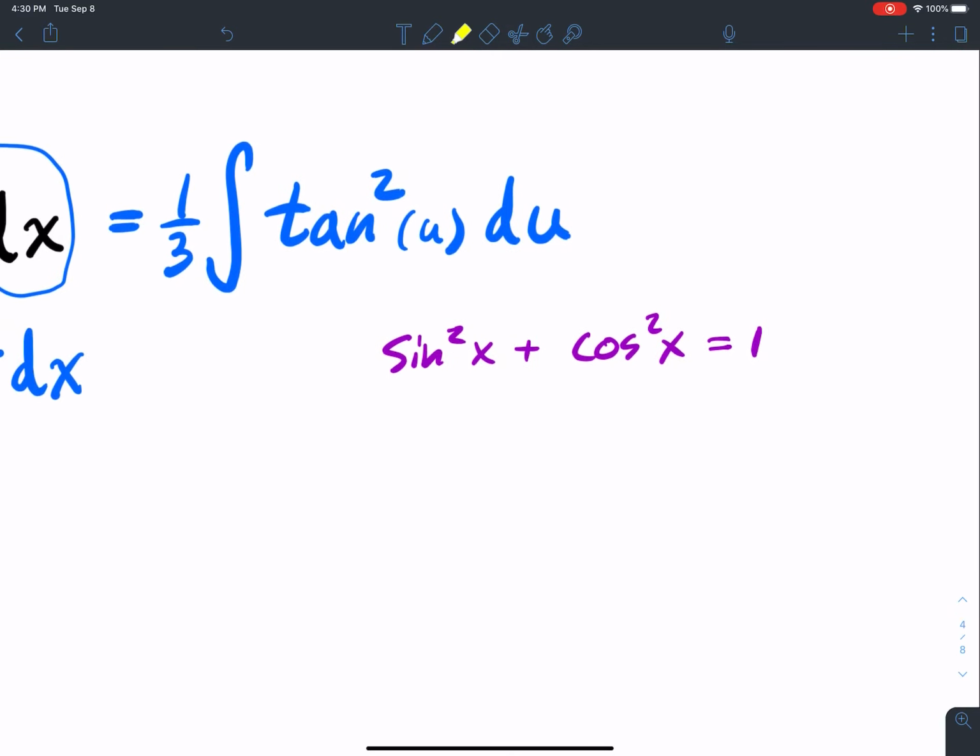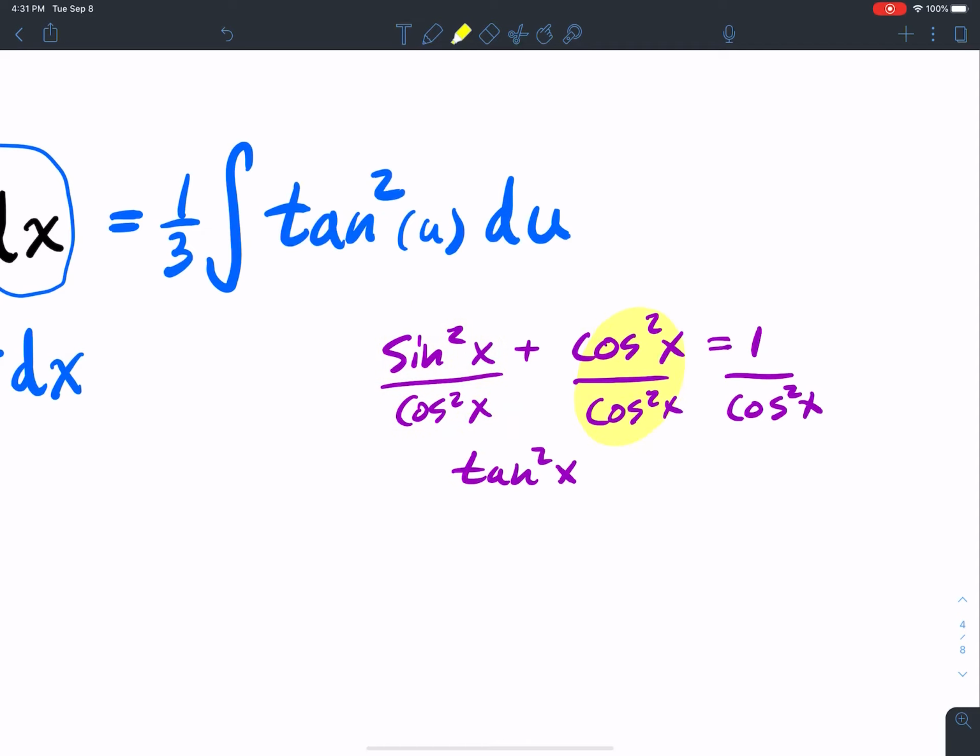So I take sine squared plus cosine squared equals 1. And to derive the identity that involves tangent, I'm going to divide everything through by cosine squared. Dividing sine squared by cosine squared gets me tangent squared. Cosine squared divided by cosine squared is 1. And then 1 over cosine squared is secant squared.